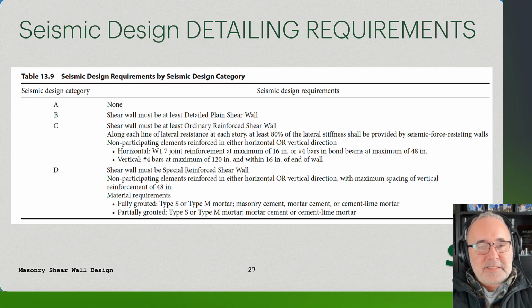And it's not until you get to seismic design category D where you need a specially reinforced wall with all the additional provisions for design. You can see within the specially reinforced walls, within seismic design category D, we also have different provisions for the mortar that we need to utilize for our designs as well.